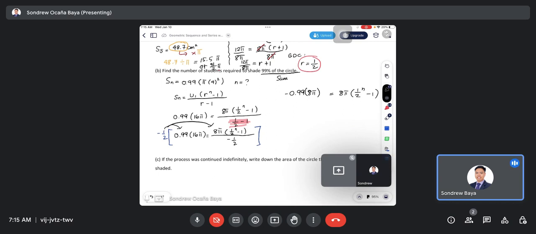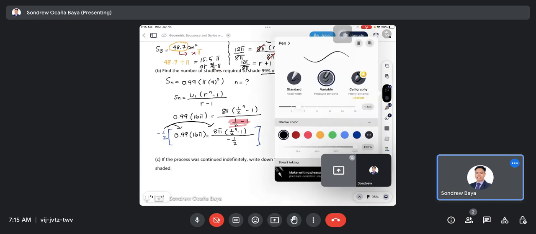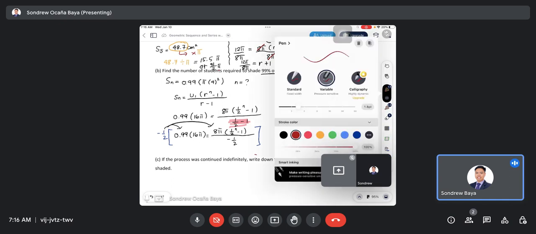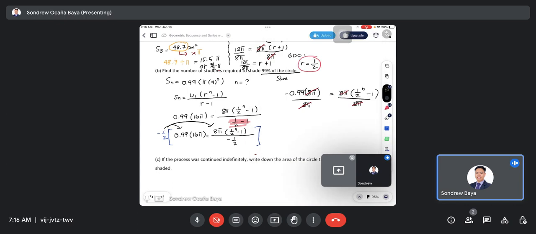So further, we can divide both sides by 8 pi. Again, we do this if the points of this item in the IB exam are high, because that means the examiner would want to see a portion of your solution. Negative 0.99 equal to half to the power of n minus 1.